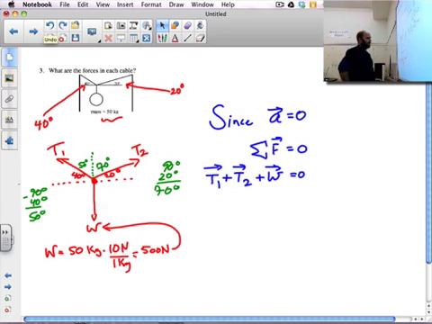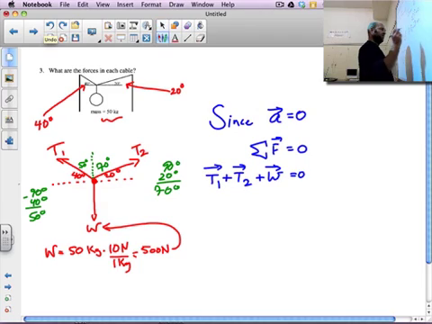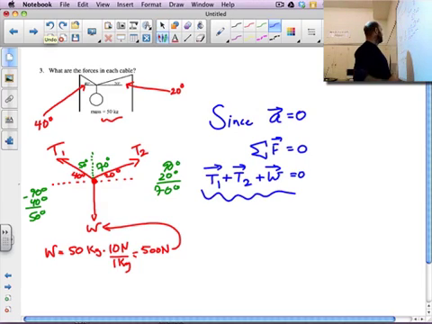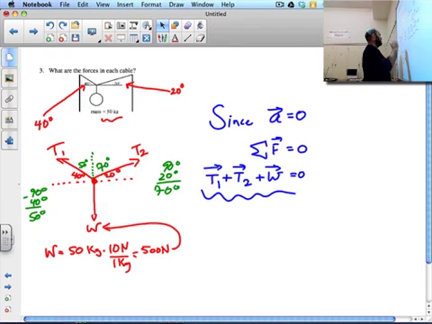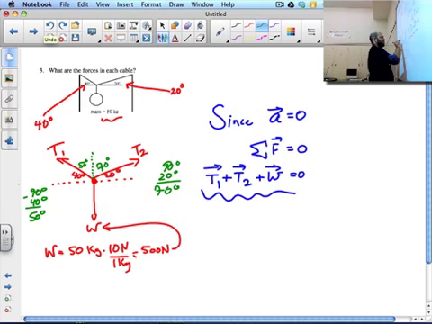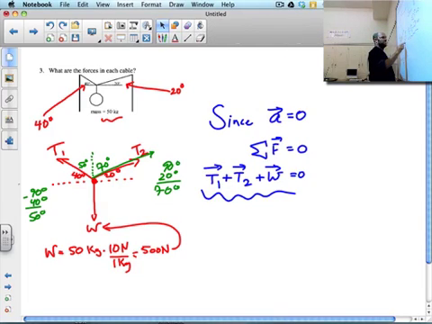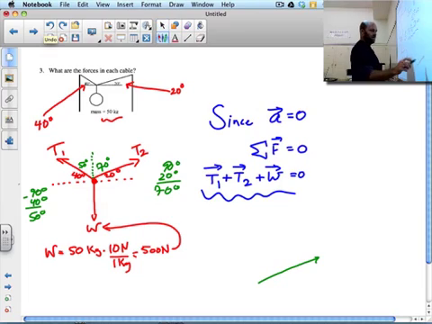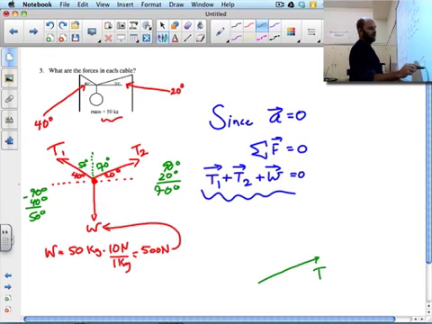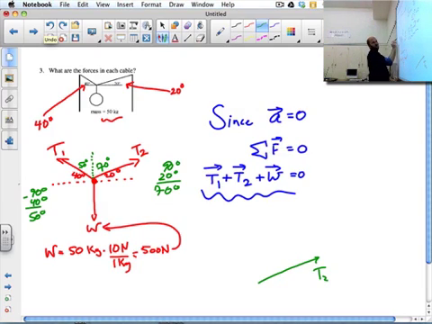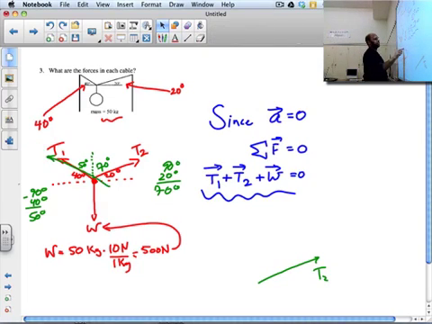Now, I can show this geometrically. So this statement means this vector, which I'm going to make a little longer so you can see it easier. There's my T2. I will add to that my T1, and I'm going to add the vectors.